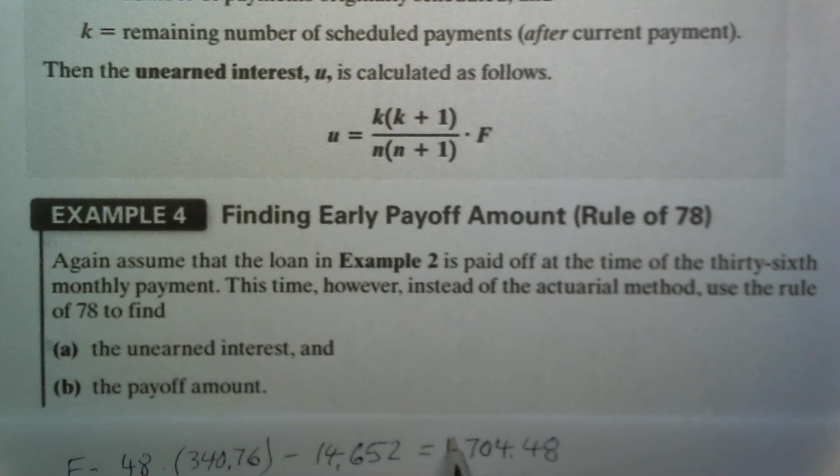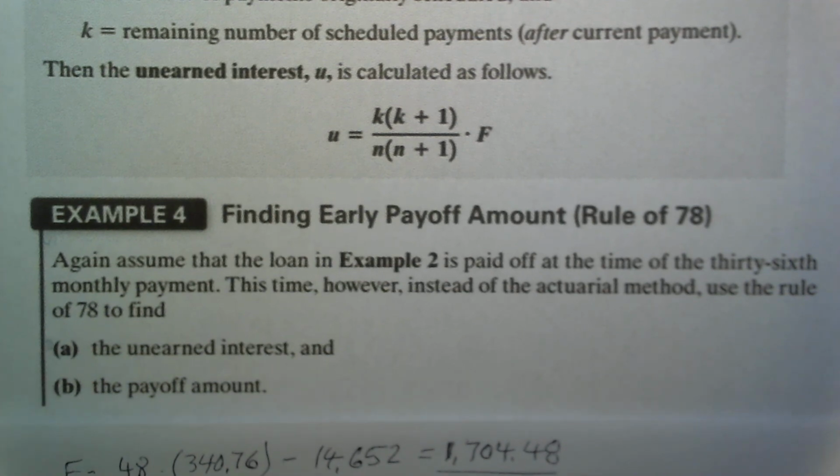So that's F. Now in this case, again, we know that K is equal to 12, the remaining number of payments, and N was equal to 48.